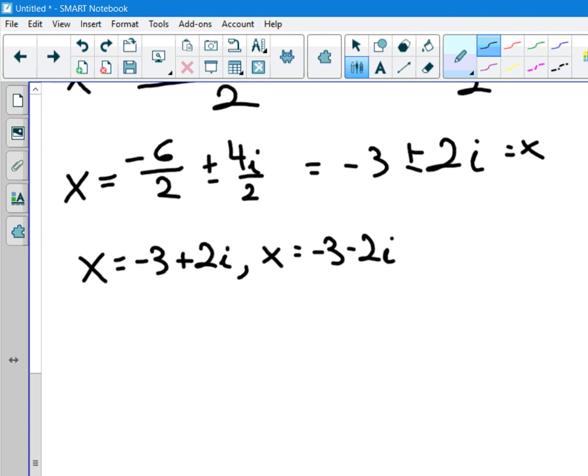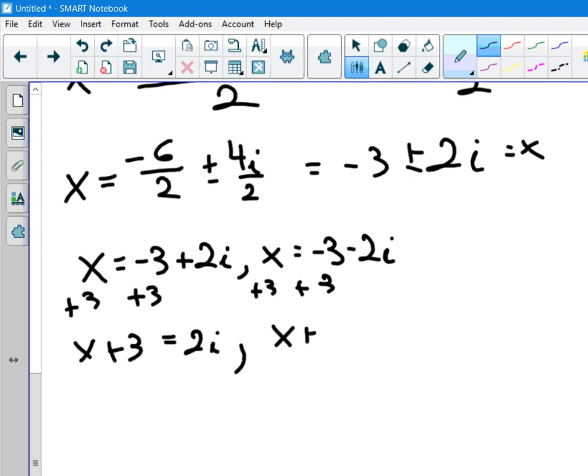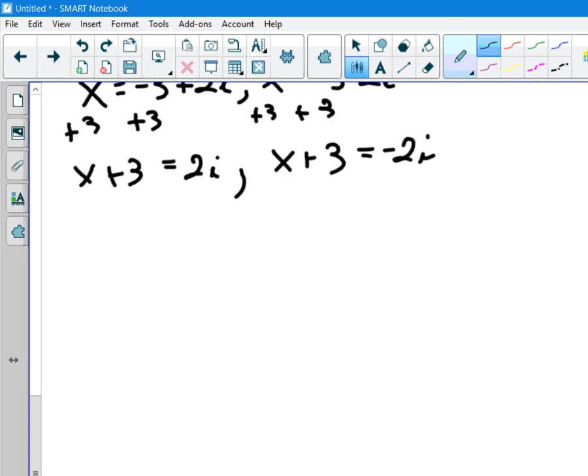And so those are my other 2 roots, and if I wish to know their factors, I have to add 3 to both sides on both equations. So I have x plus 3 equals 2i for one, and x plus 3 equals negative 2i for the other.